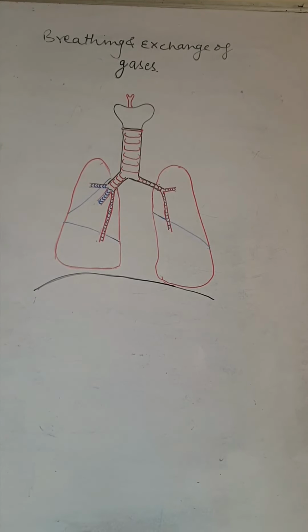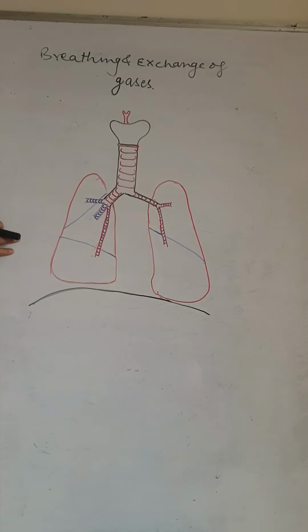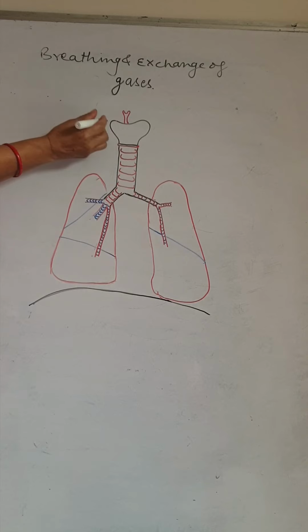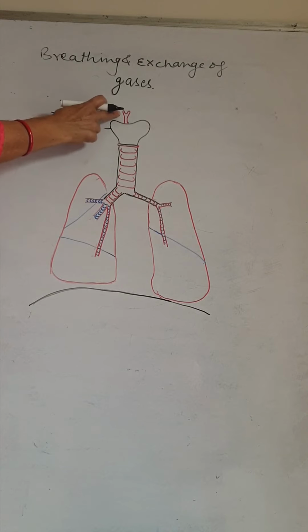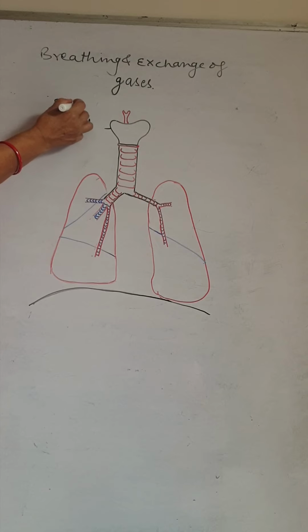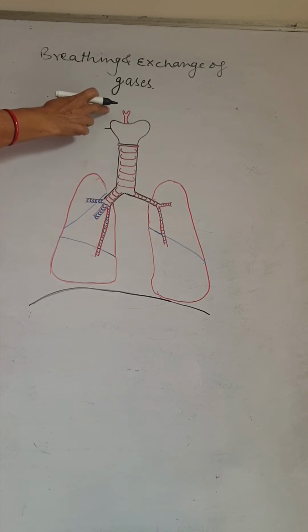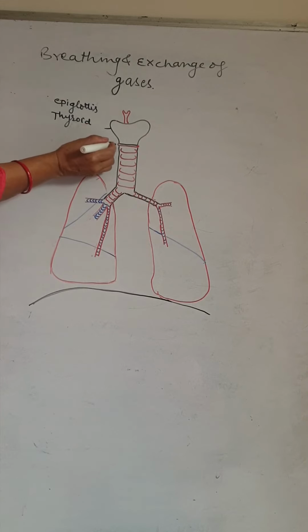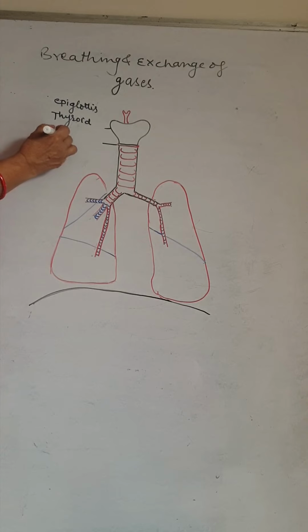Now we will see the respiratory tract in a diagram. This is the thyroid gland. This is the epiglottis, the flap that closes the windpipe at the time of swallowing food. This is the cricoid cartilage.